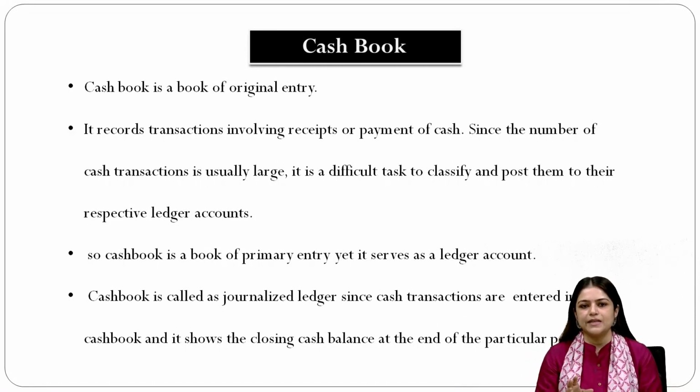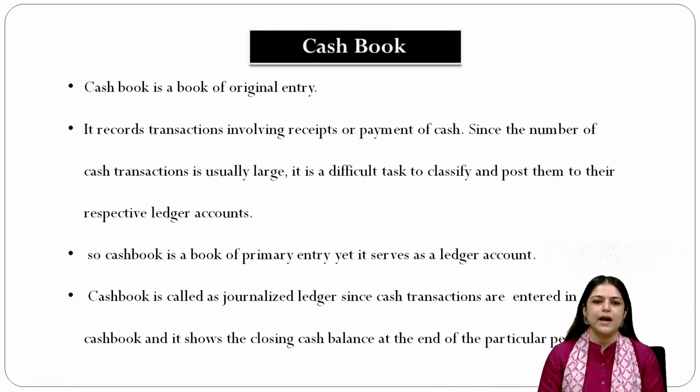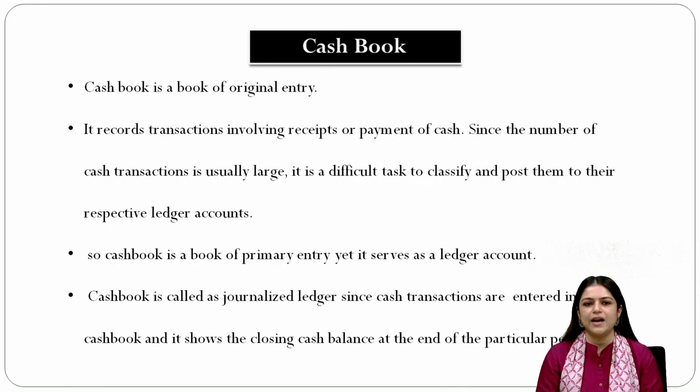So this is the basic thing, the definition: what is cash book. Cash book is a book of original entry. It records the transactions involving receipt and payment of cash. Since the number of cash transactions is usually large, it is a difficult task to classify and post them to the respective ledger accounts. So the cash book is called the book of primary entry.